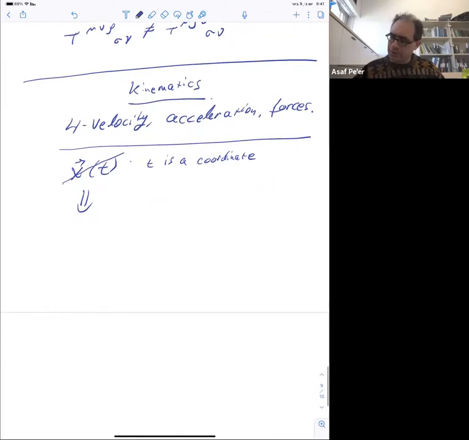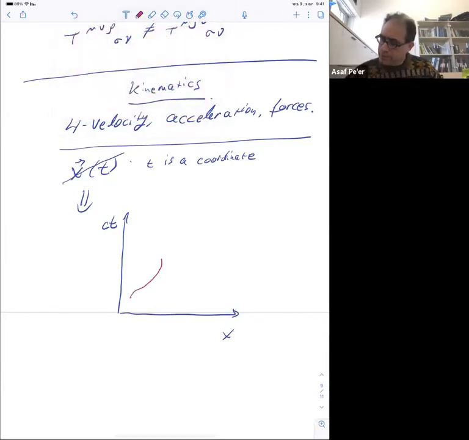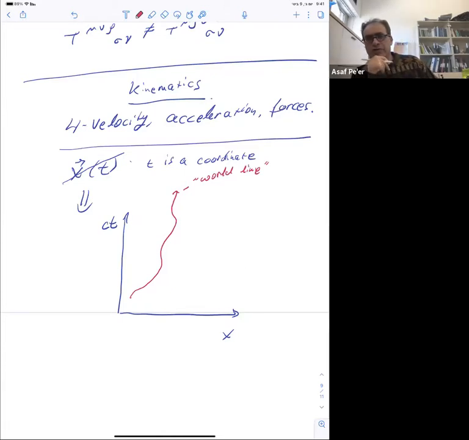Normally it's drawn in 2D with all the spatial part in the x direction and time, or ct to keep the same units, in the upward direction. And then we can speak of a world line of the particle. So this is the world line. Basically it's a curve that describes the motion of a particle in space-time.